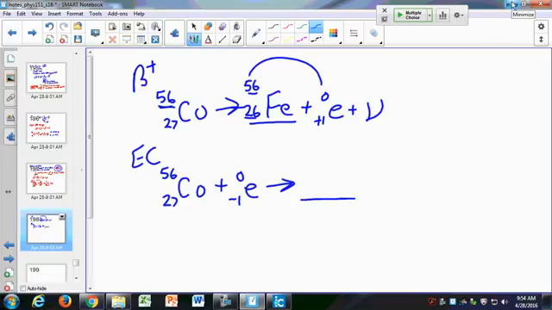And you can find that in the electron capture, the exact same thing happens. 56 plus 0 is 56. 27 minus 1 is 26. And so that's going to be iron. You'll also have, with the electron capture, a neutrino that'll be emitted. Okay? Can you tell those apart? Okay?